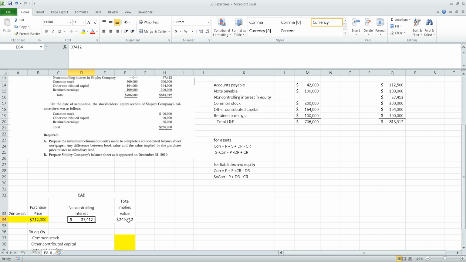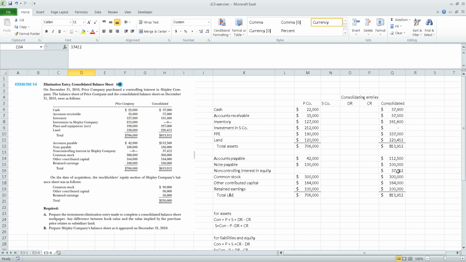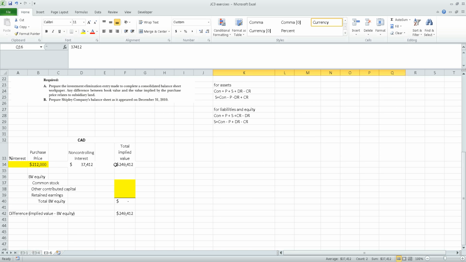But we're given non-controlling interest in equity right up here on the face of the balance sheet, so we're taking this sort of backdoor approach. Okay, so we know the total implied value of the sub.